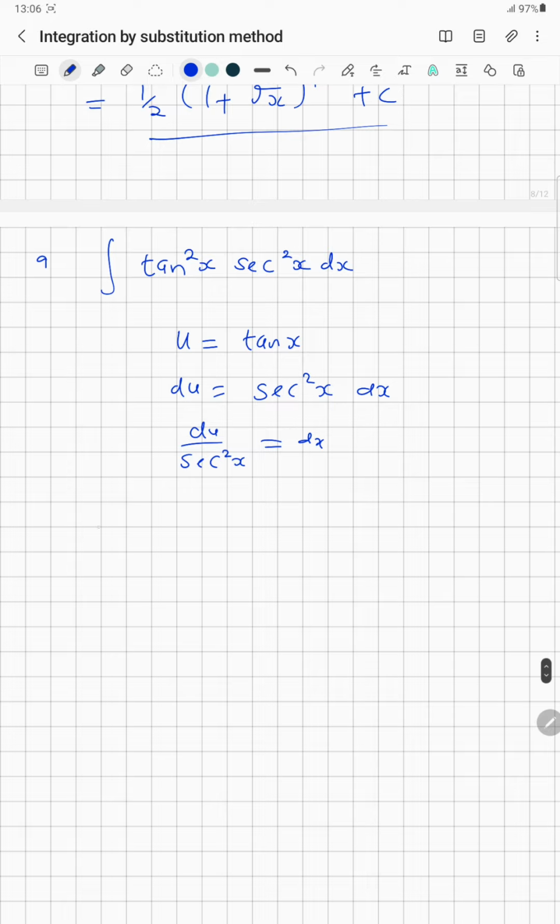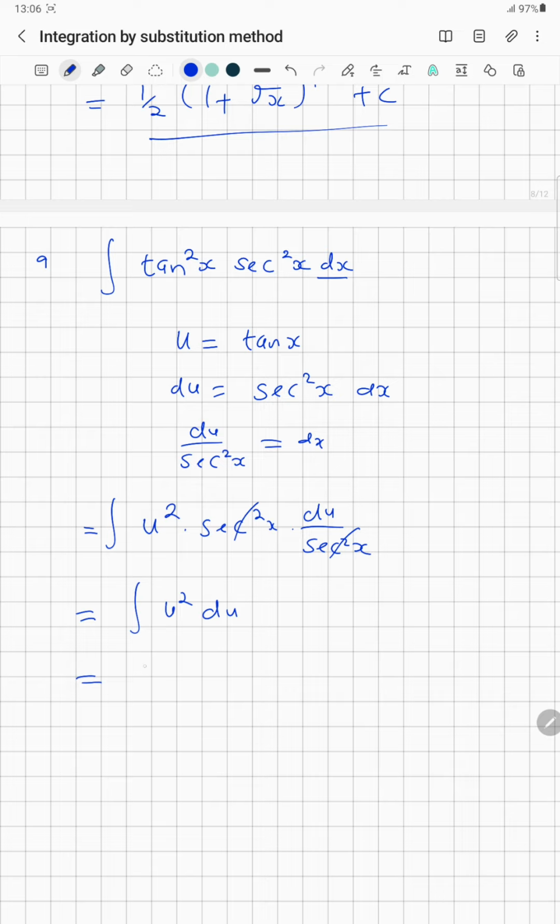Now, if you substitute back now in our integral, our u is tan x, so we are going to have u squared. Tan you replace with u, so it will be tan squared secant squared x. Our dx now we replace it with du over secant squared x. This one and this one will cancel, so we are going to have u squared du.